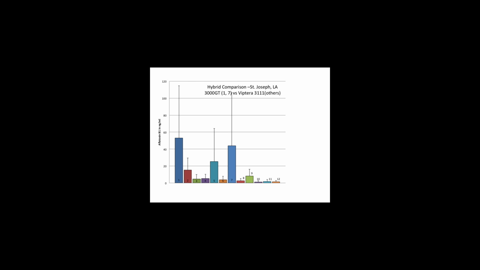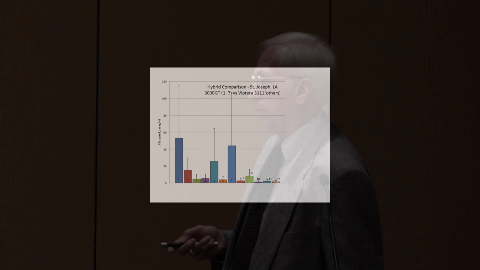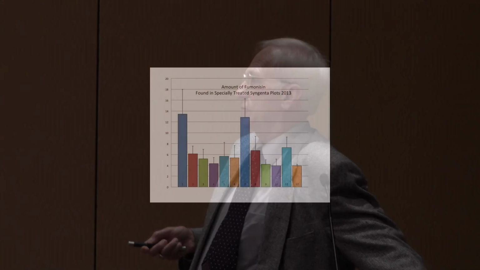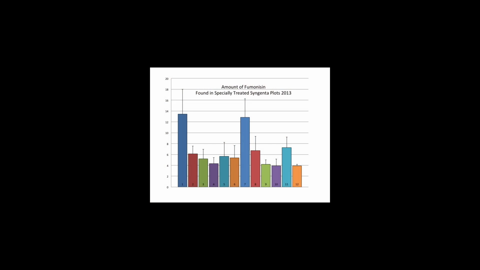basically that experiment involved mirror image treatments, these 6 and these 6, and what we were testing was the effect of various insecticides and fungicides, which aren't important to what I want to show you. The 2 high lines here are 3000 GT, 1 in 7, highly contaminated with aflatoxin. This half is treated with Aflagard, this half wasn't.